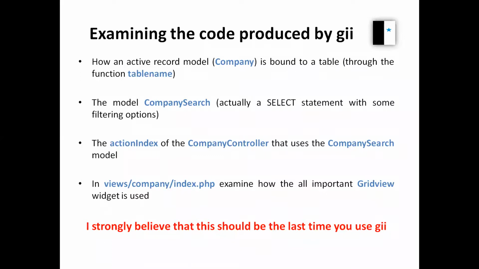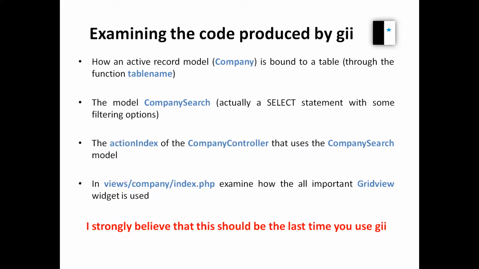Let's have a look at the model company search. That is actually a select statement with some filtering options. Let's have a look at action index of the company controller that uses the company search model.